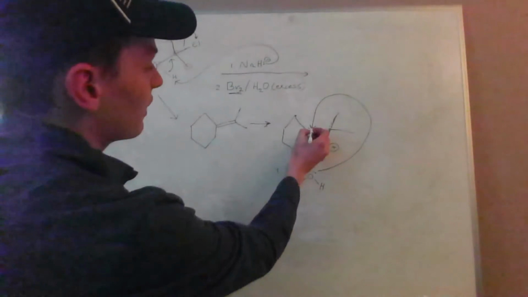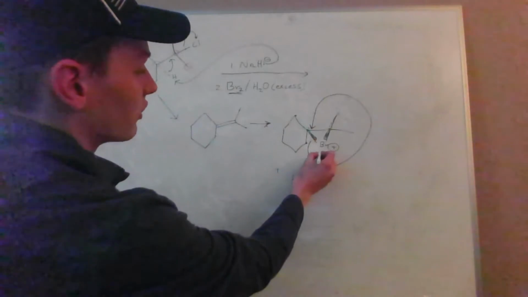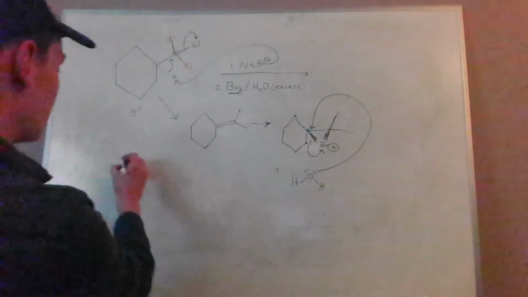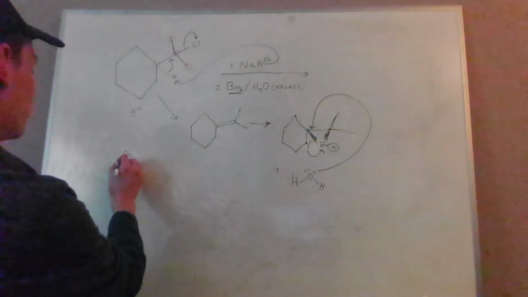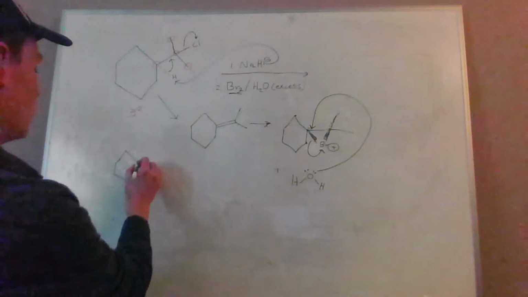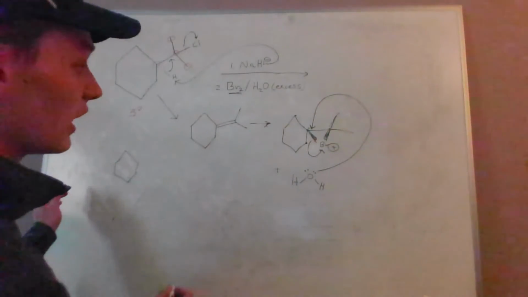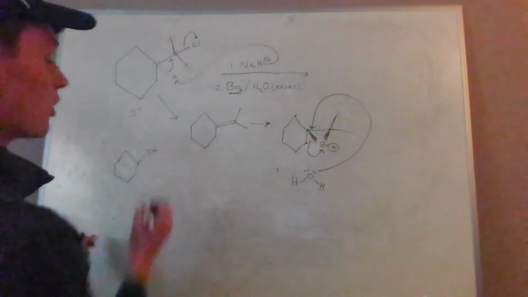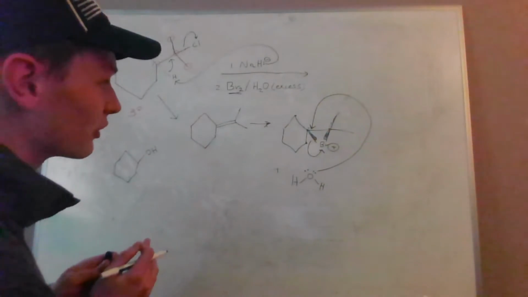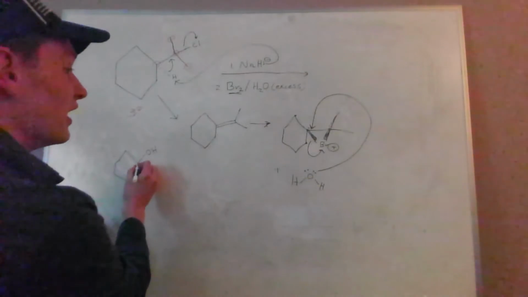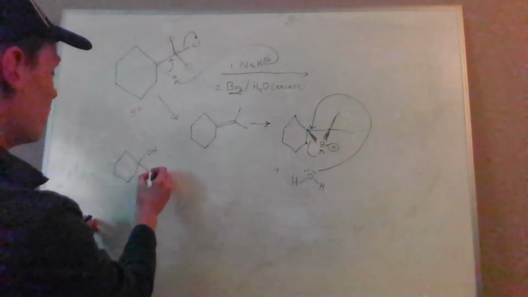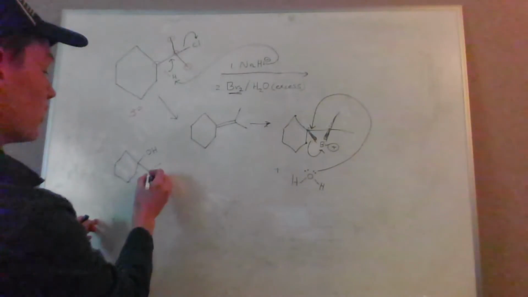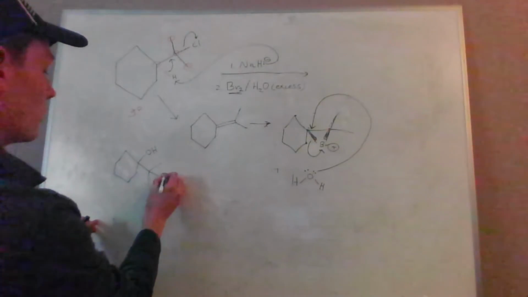So if it attacked this carbon, then this pair of electrons would go back on the bromine, and then we would get a product. So that product would look something like this. Okay, so we would have an alcohol group there. Yes, I'm ignoring proton loss for now. And then we have that coming off, and then this is going to have the two methyls, and then the bromine.